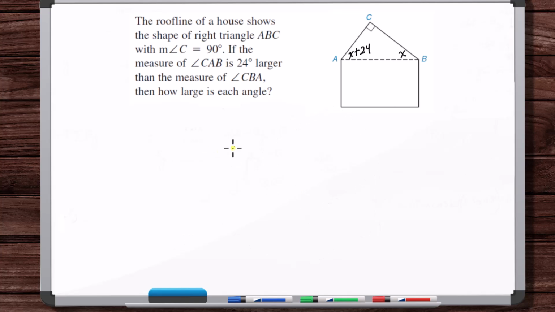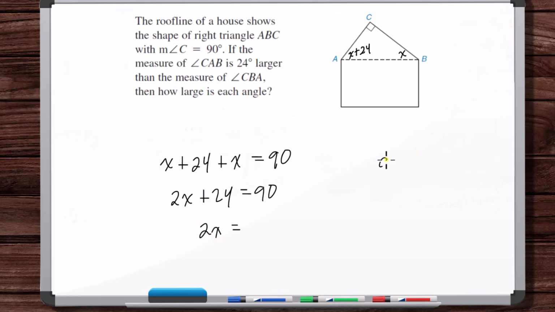So, okay. Well, we know that this is a right triangle, so these two angles are going to be complementary. We could sum all these to 180, this plus this plus this, but you could also just look at it and say the two acute angles of a right triangle are complementary. So they sum to 90. So 2x plus 24 is equal to 90. 90 minus 24 is 66.